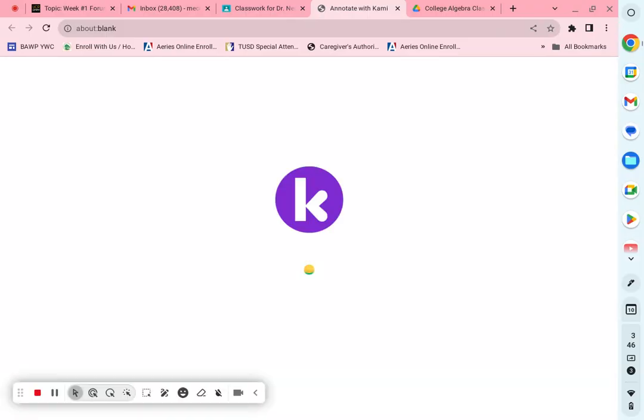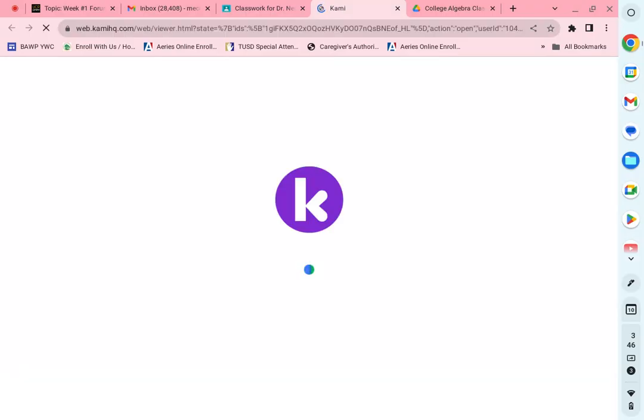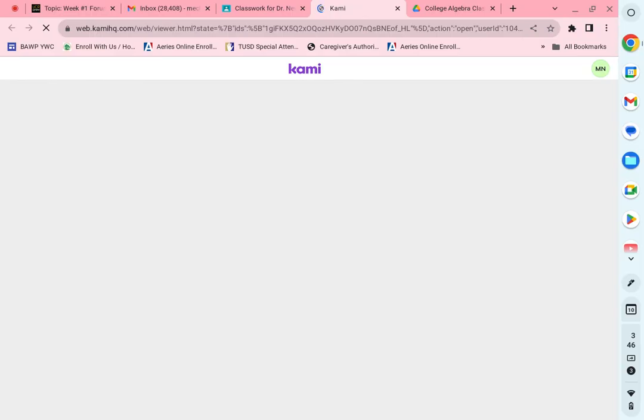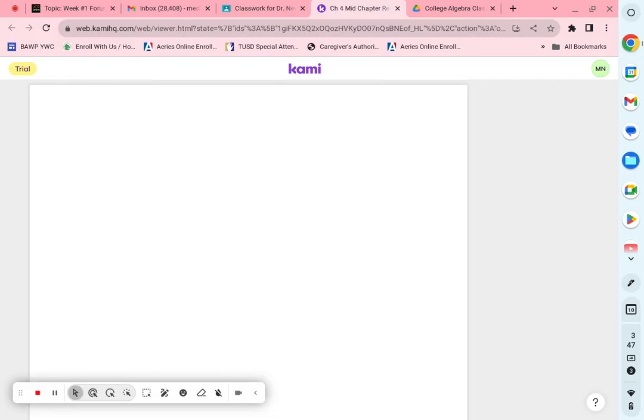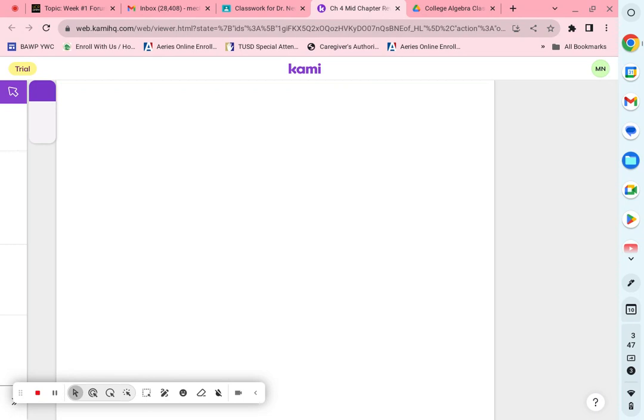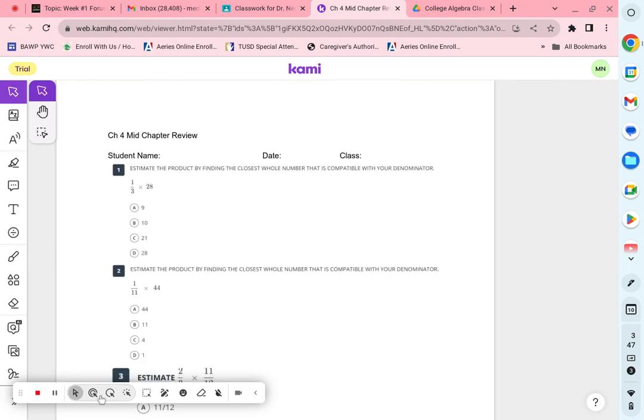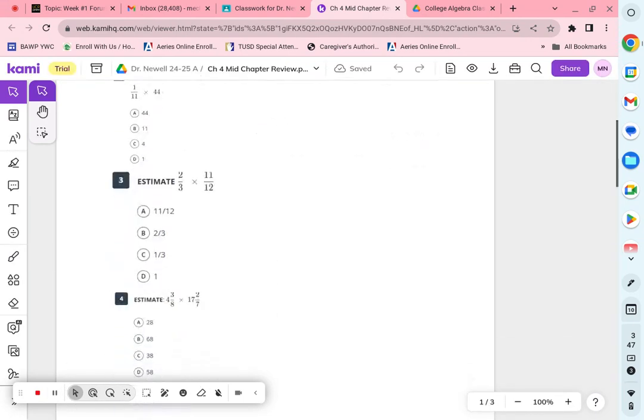That way I can annotate right on the screen for you guys. And because you're in my class, you can open things in Cami as well, and if you do that, you can mark it up. So let's do that. I also have these cool tools that I didn't see before.